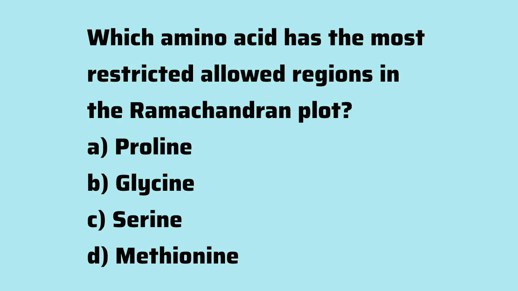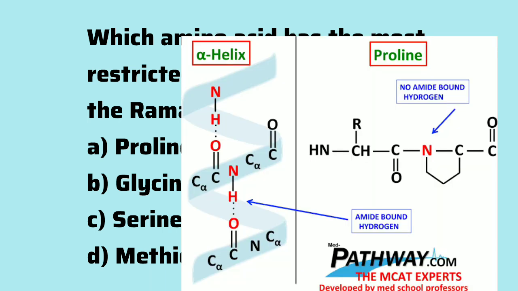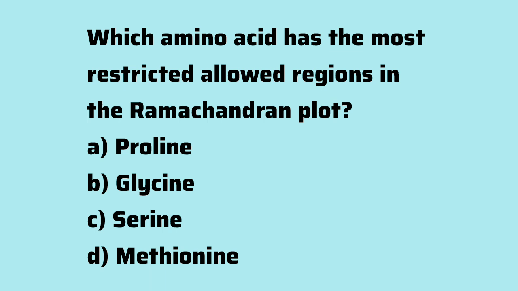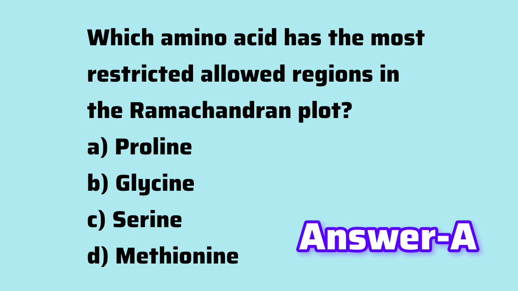Proline has the most restricted regions, and it is generally present in the fourth quadrant, because in proline the cyclic ring structure is present, and because of that the amide hydrogen is not available to form the hydrogen bond which is essential to form the secondary structure. Therefore here the correct answer is proline, while glycine has the most allowed regions, because in the side chain only hydrogen is present. Here the most restricted is proline, so the answer is A, proline.